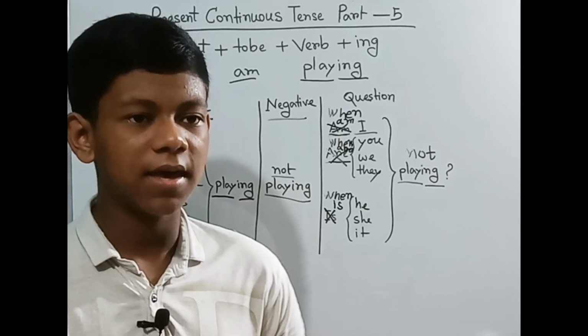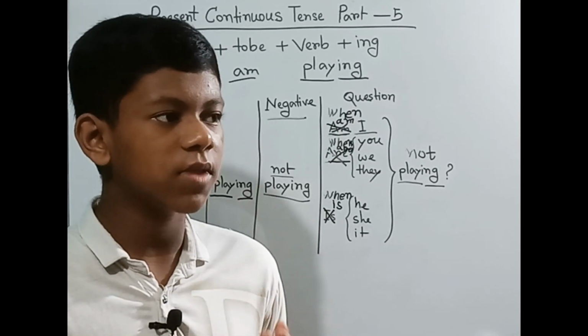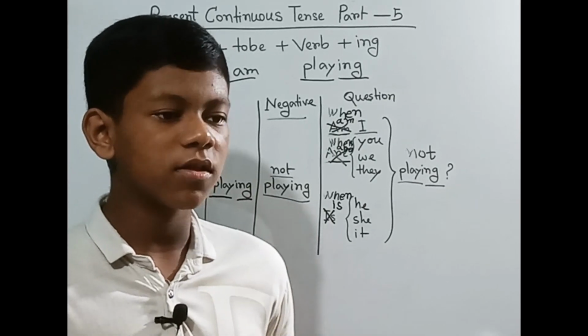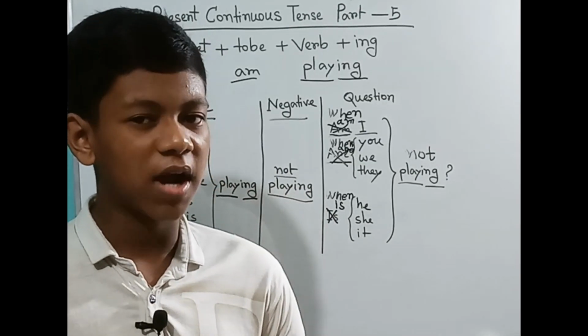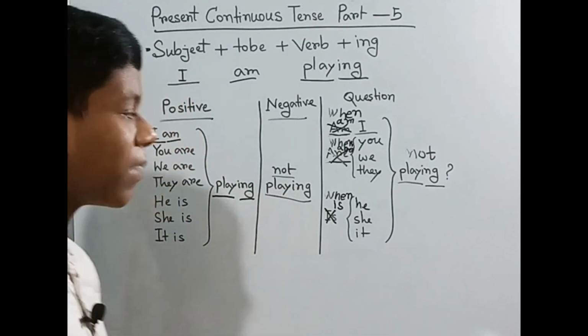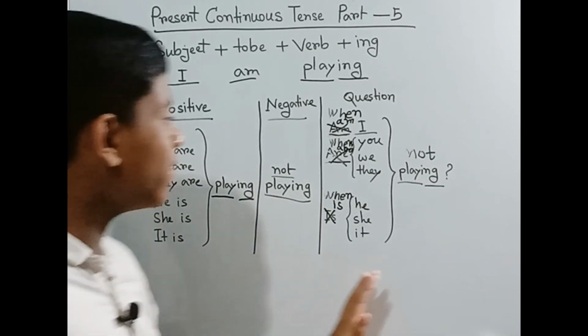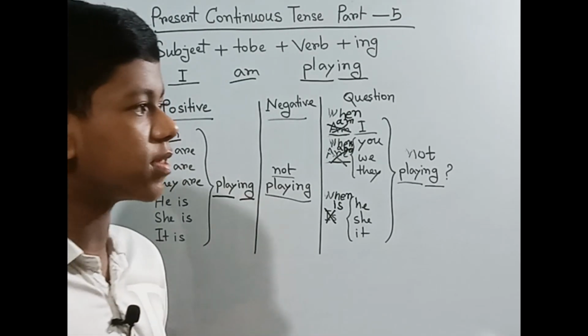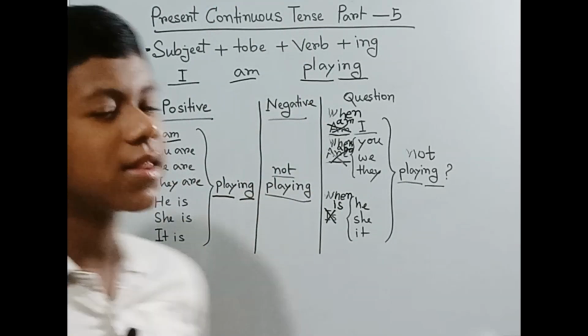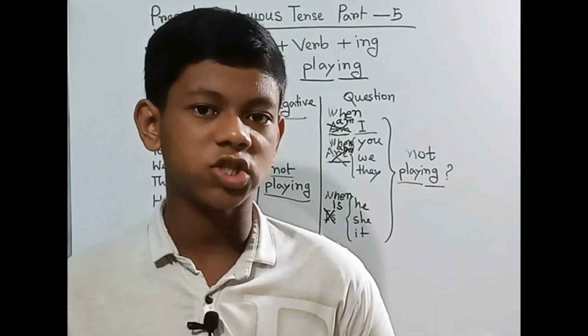Why are you playing? Like this. You just have to remember that in the positive you don't add the not, and in the negative you have to add the not. If you follow the positive and negative, then you will be able to solve the question. Okay, so that's our real topic, that is when to use the present continuous tense.